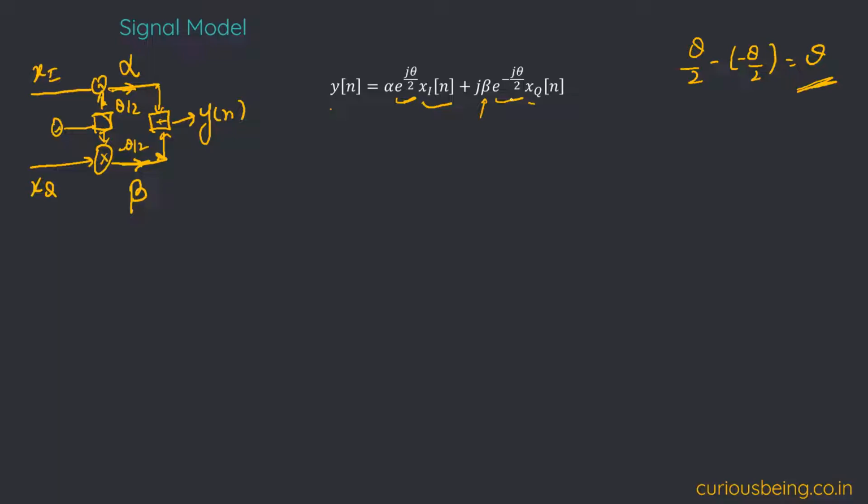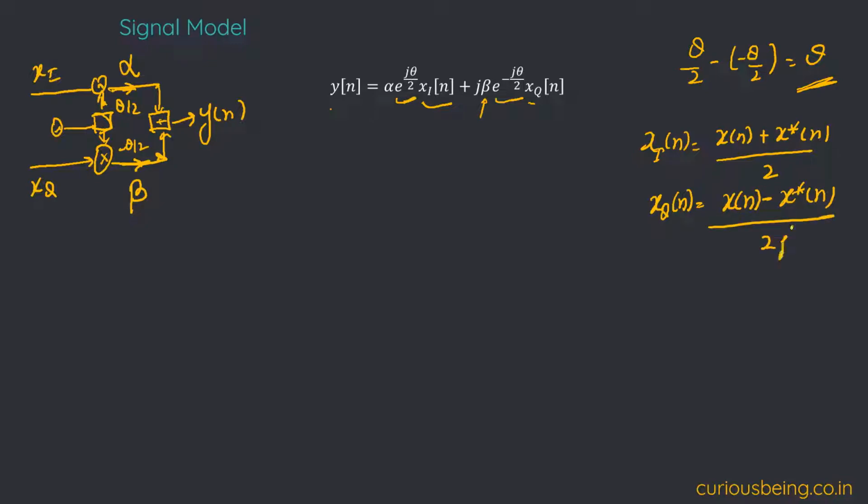Now let's try to write it in terms of x[n], because till now we have written them in terms of x_I and x_Q. So there is a relation: x_I[n] equals (x[n] plus x conjugate[n]) by 2, and similarly x_Q[n] we can write as (x[n] minus x conjugate[n]) by 2j.